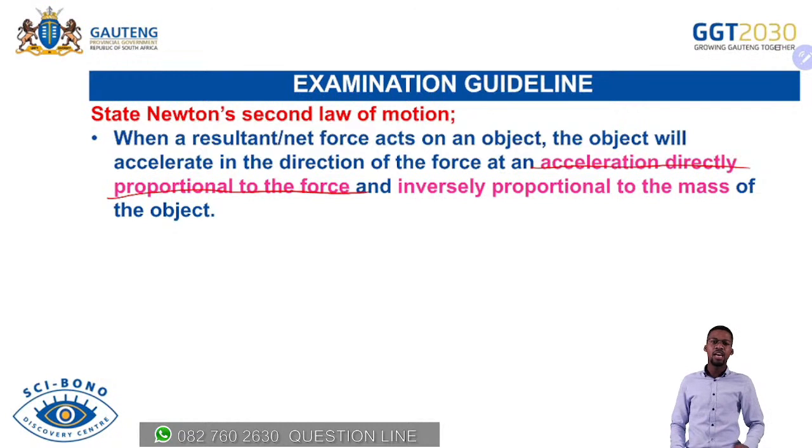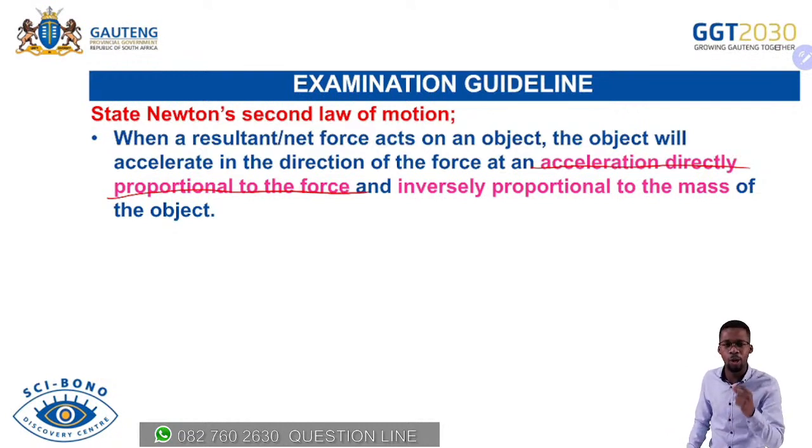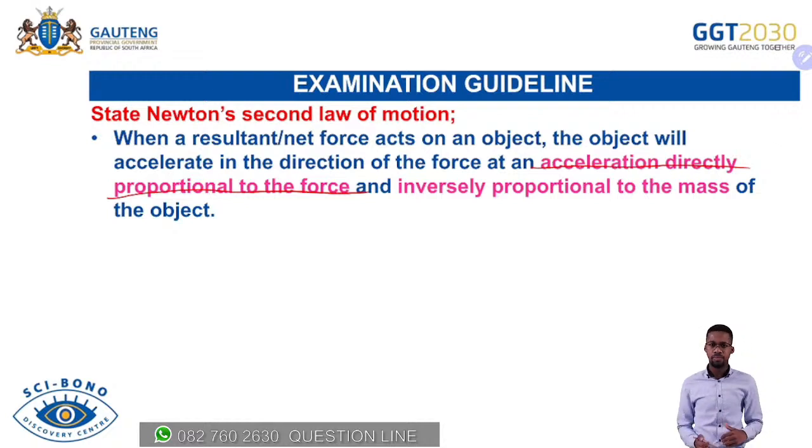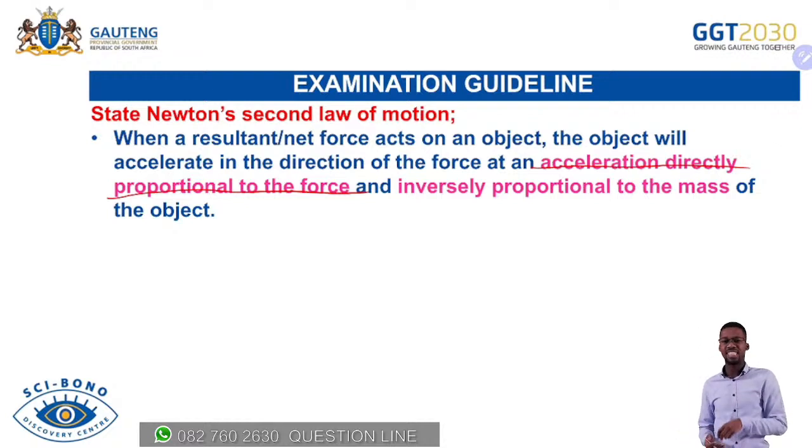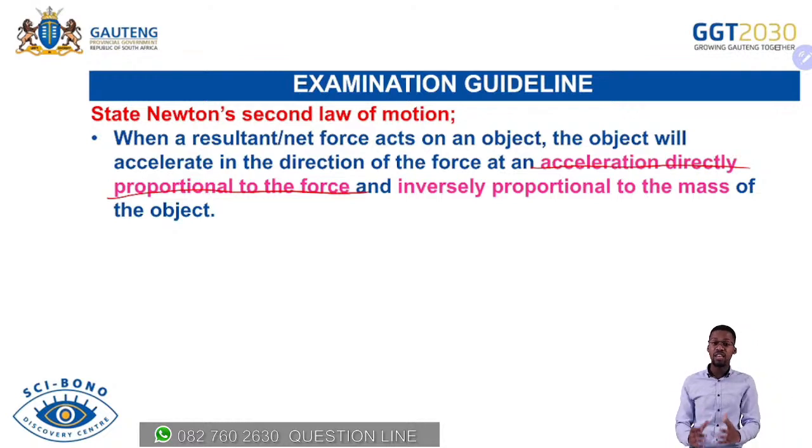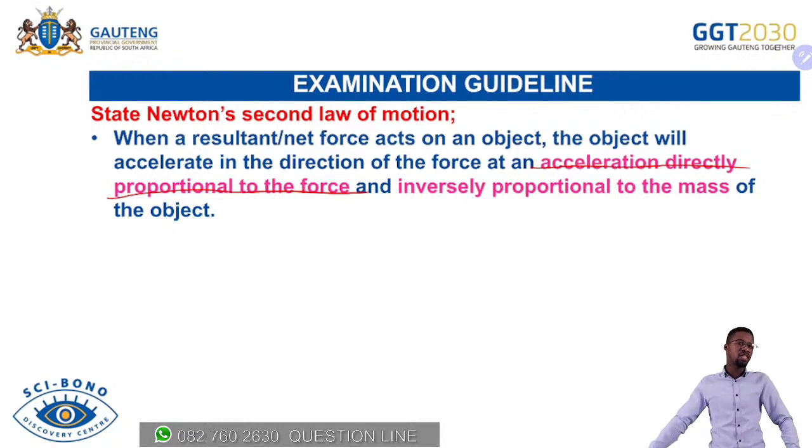The first question is to state Newton's second law in words, and you must state it the way it appears in the exam guideline of 2021: when a net force acts on an object, the object will accelerate in the direction of the force. Acceleration is directly proportional to the force and inversely proportional to the mass of the object. We are going to unpack this definition.